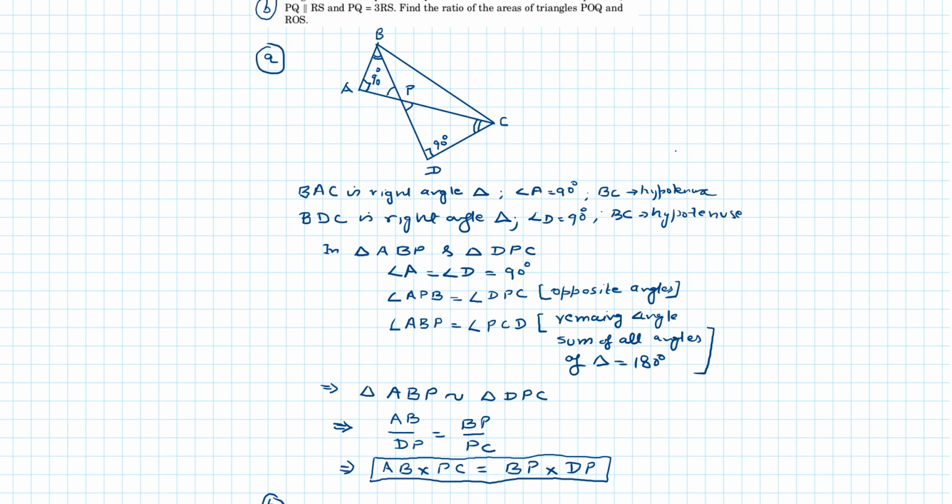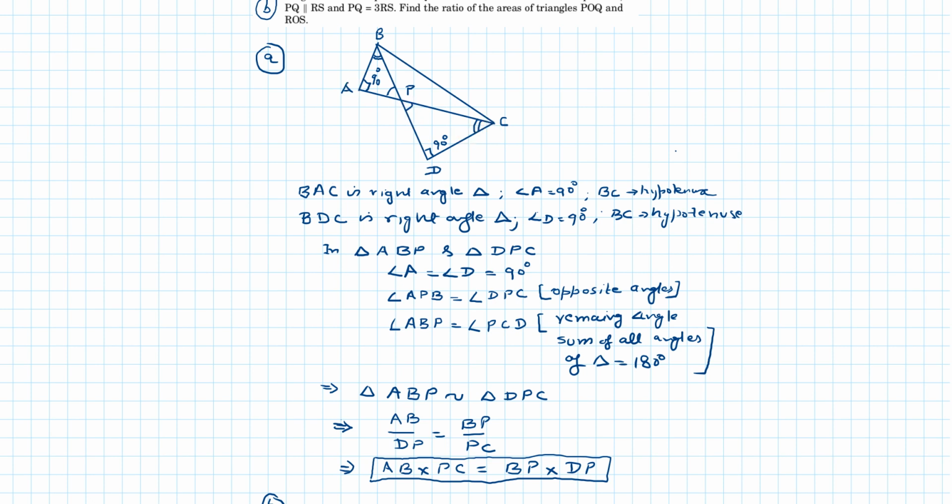BAC is a right angle triangle, angle A is 90 degrees, and BC is the hypotenuse. BDC is a right angle triangle, angle D is 90, BC is the hypotenuse. In triangle ABP and triangle DPC, what do we find?